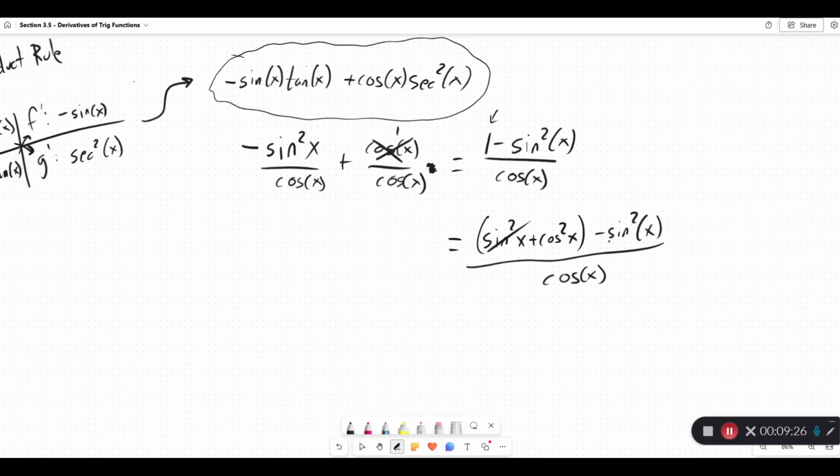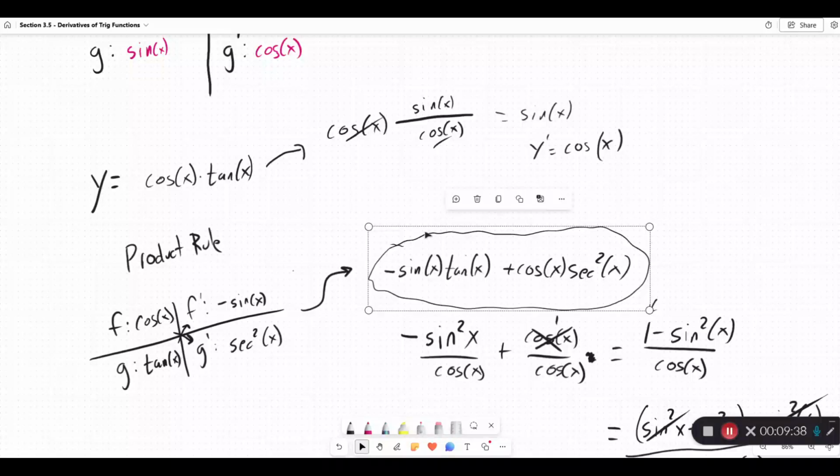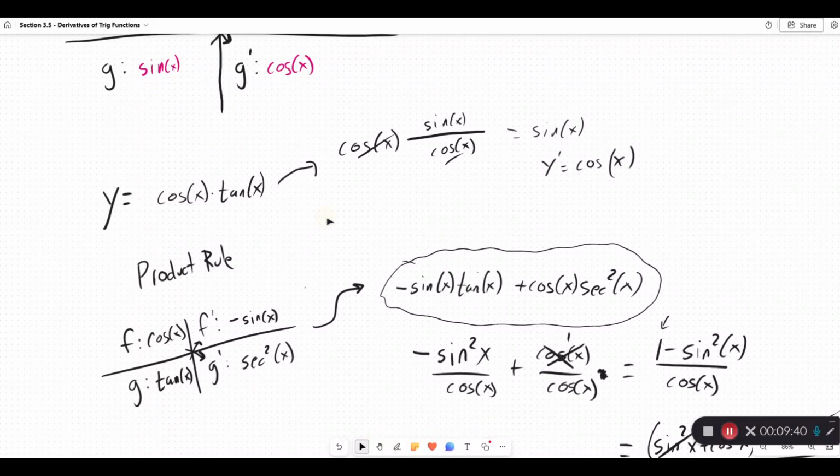And sine of x squared minus sine of x squared leaves us cosine squared x over cosine x, or cosine x. So, this is the problem with trig functions, is that there's a million different ways to represent these functions. So, doing some simplifications on the front end might help you. Just an important thing to remember.